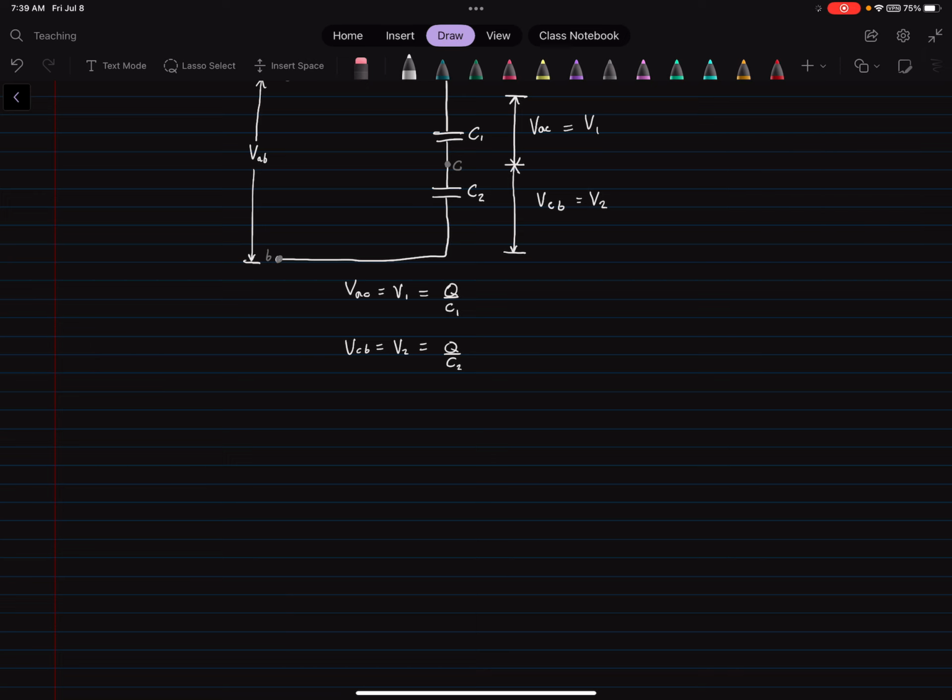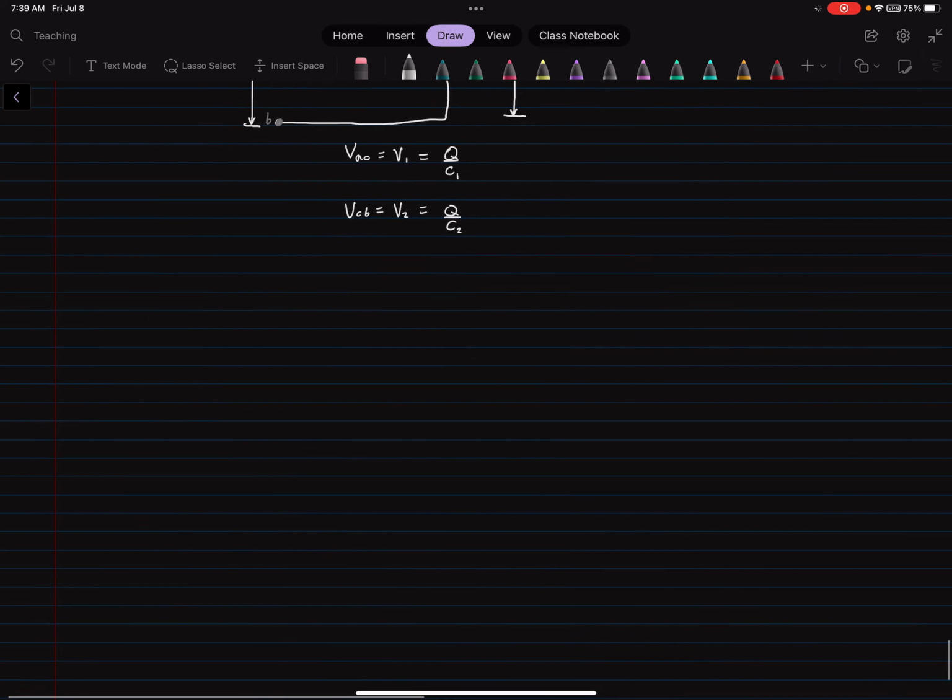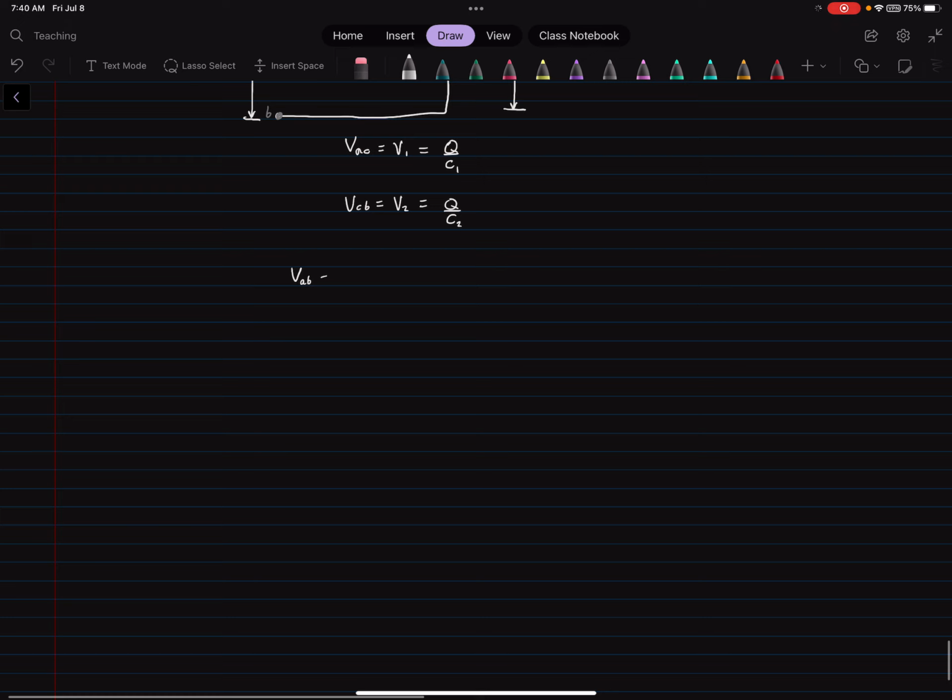The way that these two things add to find the total voltage V, or VAB, across both of these, you would take V1 plus V2. That gives us Q over C1 plus Q over C2, or take that Q out and say 1 over C1 plus 1 over C2.